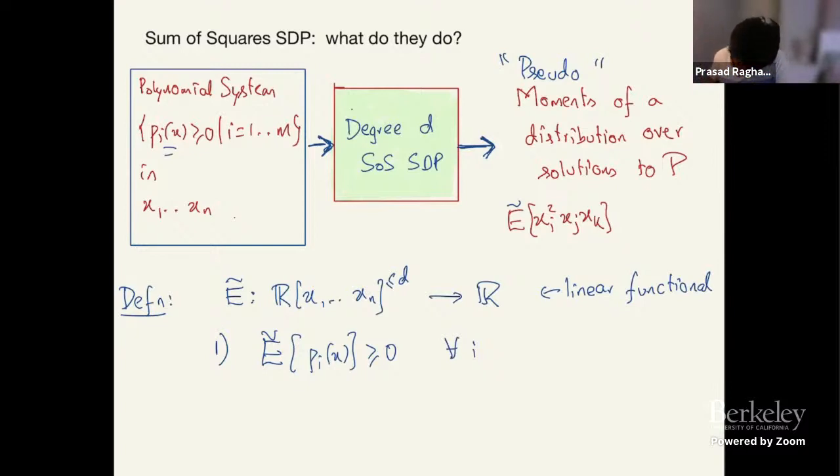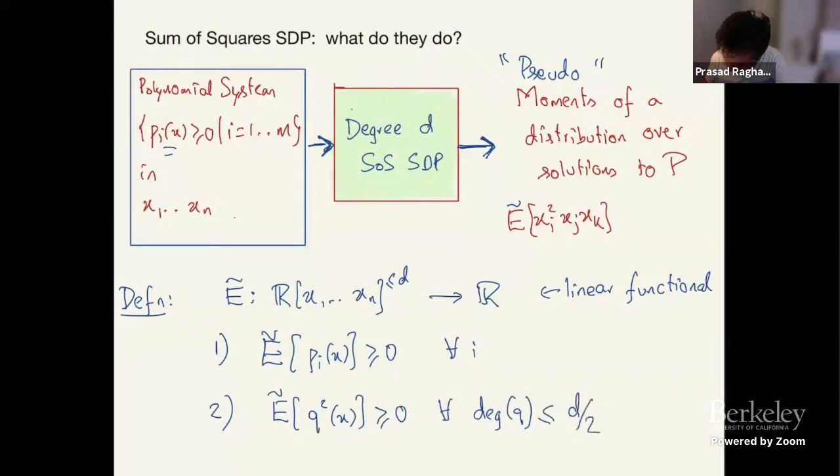And the second and most important thing is that the pseudo expectation of any square polynomial is non-negative. E tilde of q squared of x is greater than or equal to 0 for all polynomials q with degree less than D over 2. Okay, so this is what we get. You feed it any polynomial system, it gives you a pseudo expectation operator, and the pseudo expectation operator satisfies these inequalities.